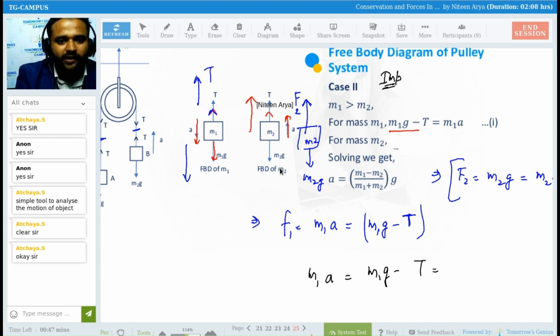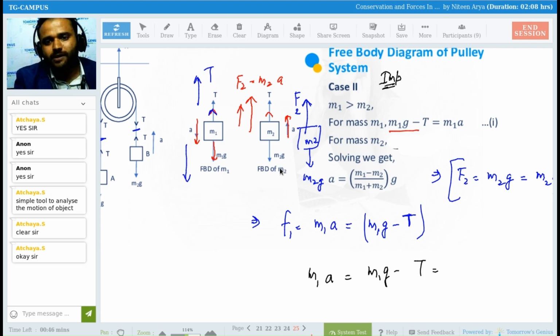This mass is going in the upward direction with force F2, right, which is m2a, because the acceleration is upward, and the tension force is acting upward also. Clear? So here, the force on mass m2: m2g is going to be balanced by the tension force plus m2a. Clear? This is the scenario.